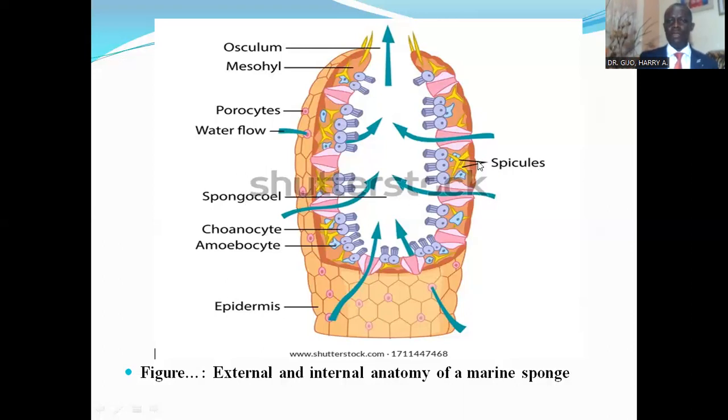The sponges also have spicules, which are the internal skeleton that form the skeletal structure of the sponges. Then they also have choanocytes, which are cells that line the interior of the sponge, and amoebocytes, which are also cells found within the body of the sponges.